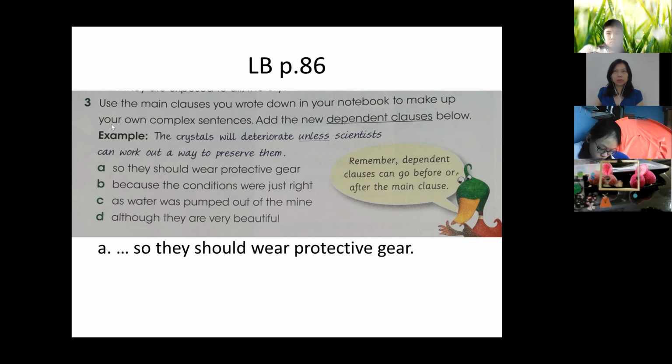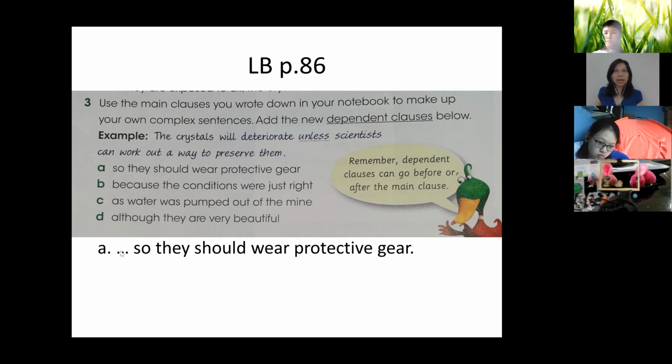Now, this is the example, taken from E. The crystals will deteriorate unless scientists can work out a way to preserve them. You don't have to write the example, but now you have to match the main clauses you have from number 2 with A, B, C, D.